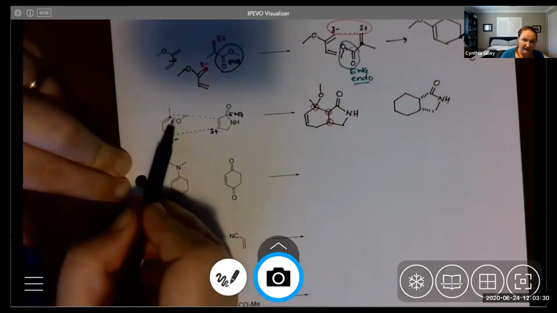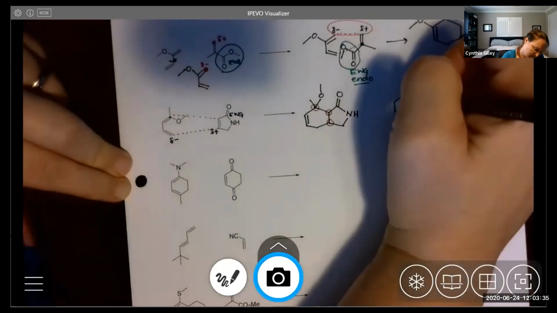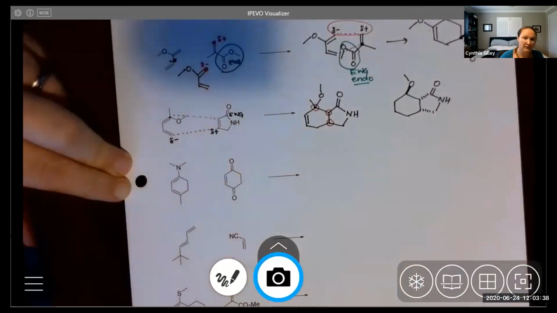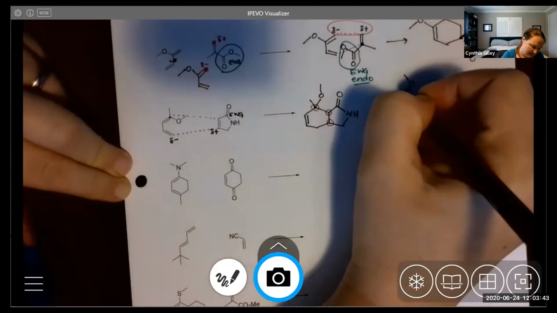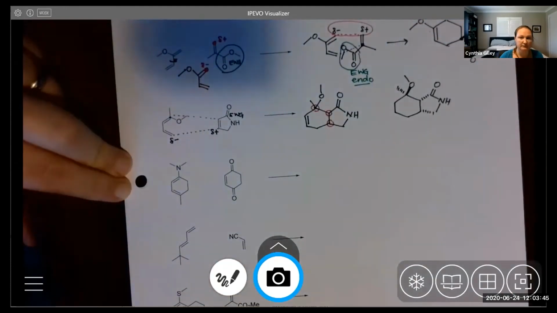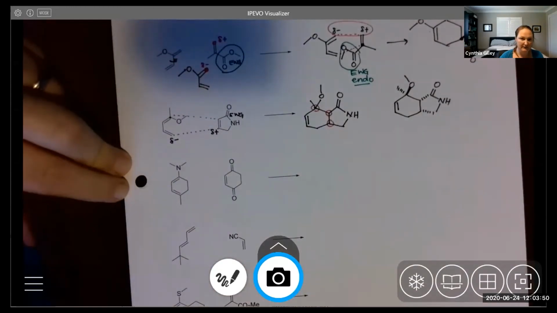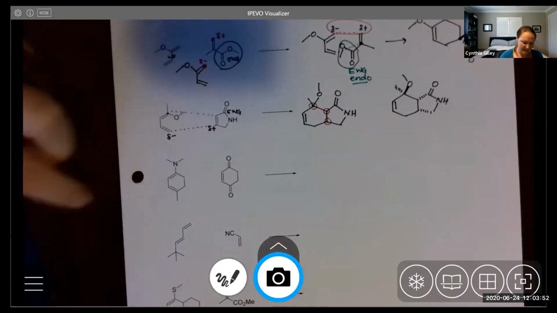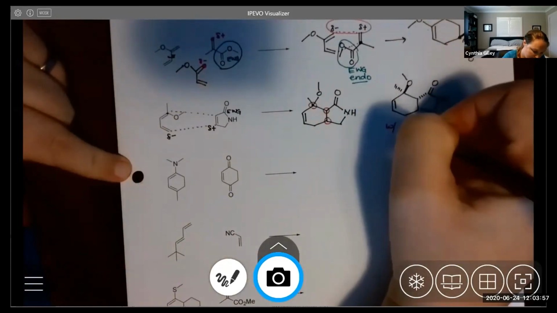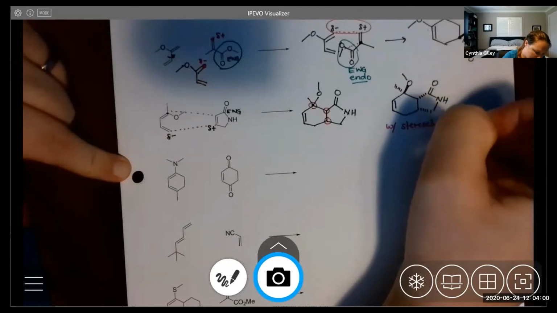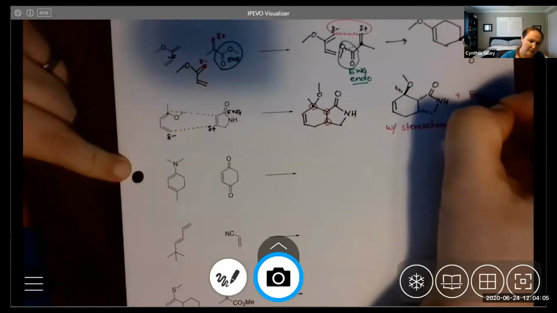Anything that's out, like this methoxy group here, ends up up. That methyl that's pointed out right now is up, down. Don't forget that. This is the answer with stereo. And as long as you have one stereocenter and no internal plane of symmetry, there will be an answer.